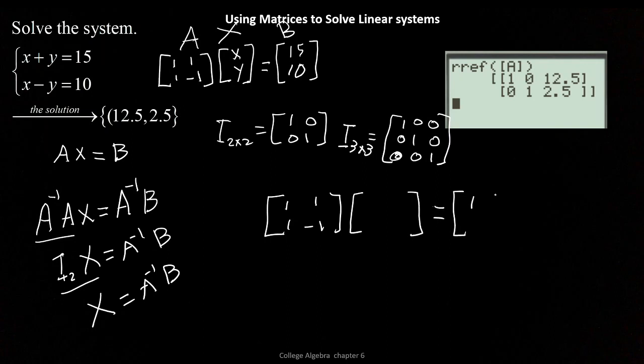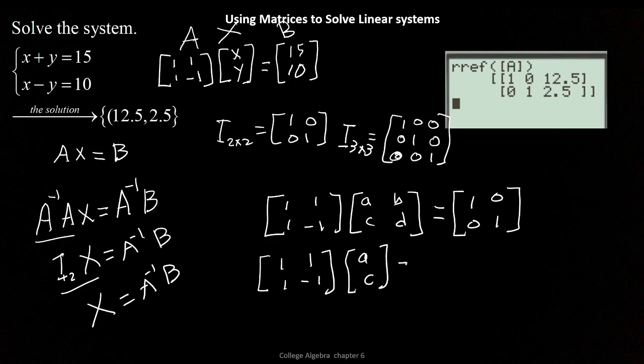I have to get I, which is this. Now this matrix, let's call it A, B, C, D. So I want a matrix such that when I multiply here, I get this matrix. Now it looks like we're solving two systems at the same time. See it? It's like we are solving this system with only 1 0 here, right?